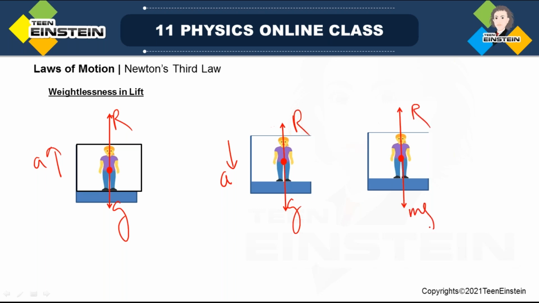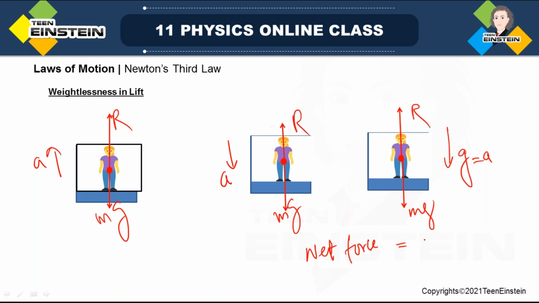In this case, if the lift is moving down with an acceleration equal to g, when the lift is freely moving in the downward direction, what will be the net force?